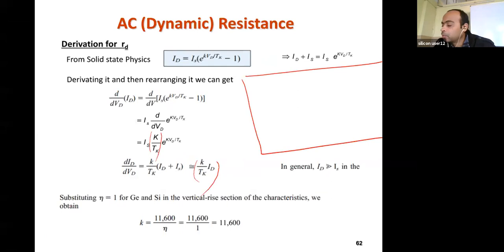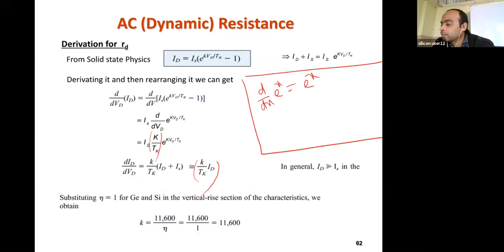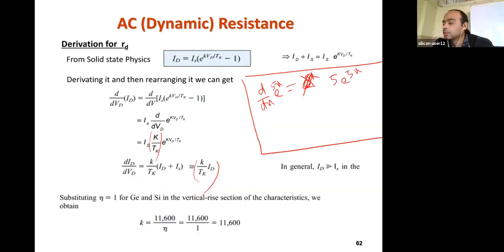So that is the principle of your derivative. I told you, if you are doing d by dx of e to the power x, how much is it? e to the power x. But if it is d by dx of, let's say, e to the power 5x, how much will it be? 5 e to the power 5x. That means whatever constant is multiplied with x comes out here.